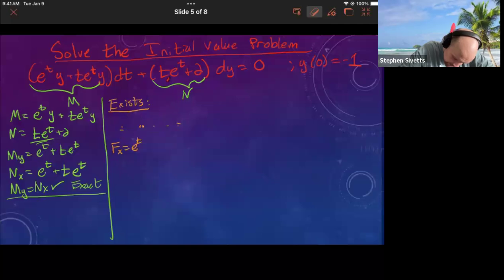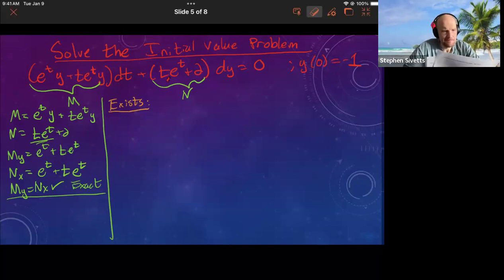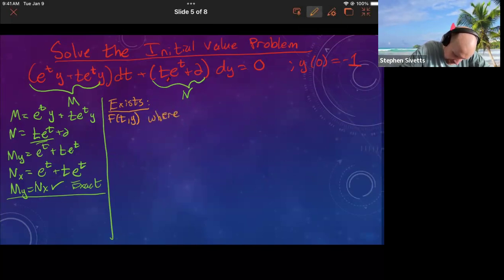So let me rewrite this a little bit more clearly. So there exists a function F of t, y where the partial of F with respect to t is equal to e to the t times y plus t times e to the t times y, and the partial of capital F with respect to y is t times e to the t plus 2, right?